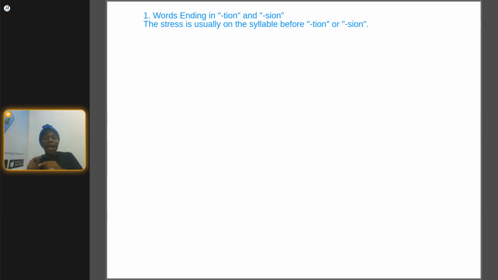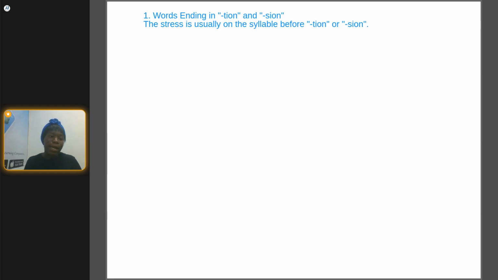Once you see a word that ends with TION or SION, whether the word has 2 syllables, 3 syllables, 4 syllables, 5 syllables, 7 syllables, 10 syllables, just know that the stressed syllable is the syllable before the TION or the SION, regardless of the number of syllables.